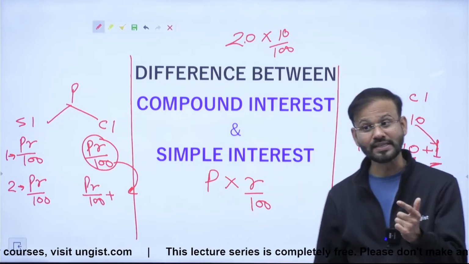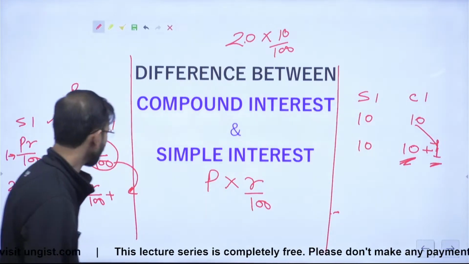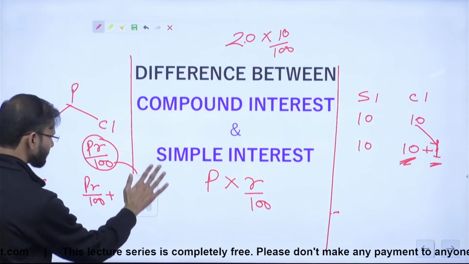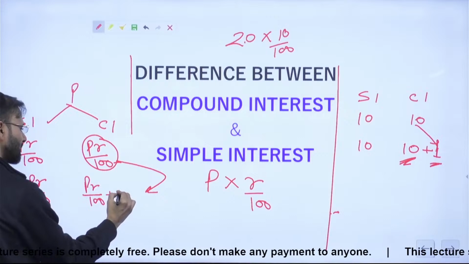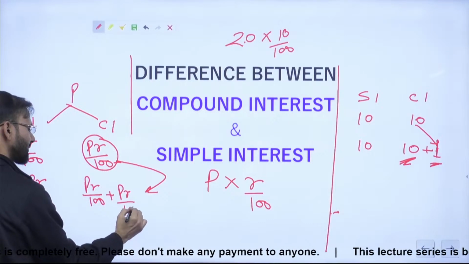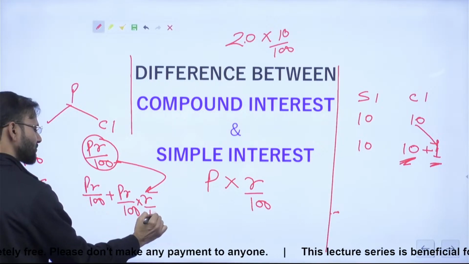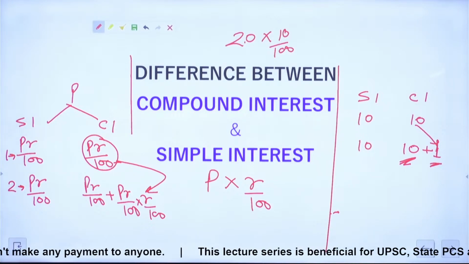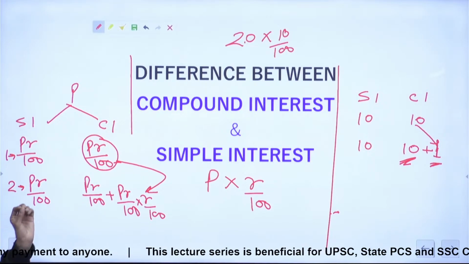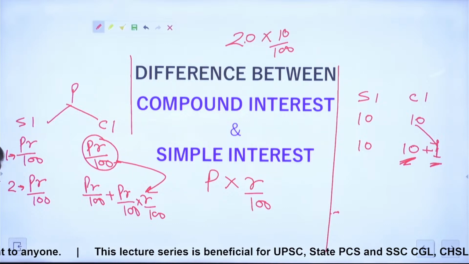जस्ट थिंक अबाउट द बेसिक्स कि कैसे होता है. हाँ, तो अब मुझे एक बात बताइए, R% of this will be what? PR by 100 into R by 100, yes or no? ठीक है. So guys, if I talk about difference between SI and CI, right?